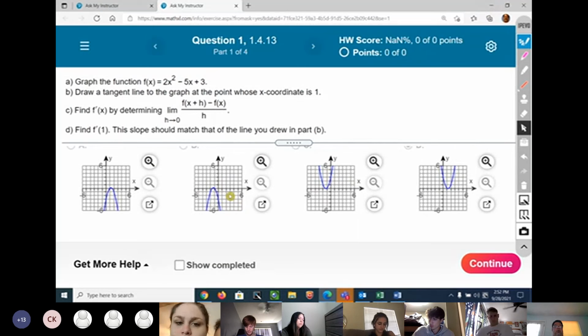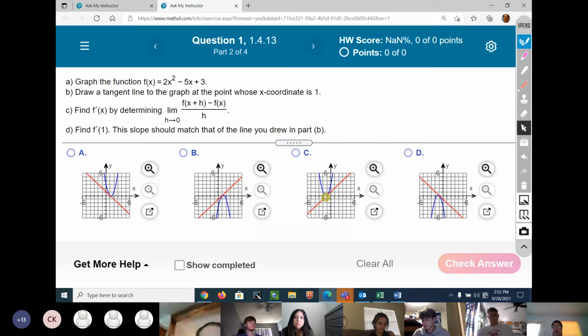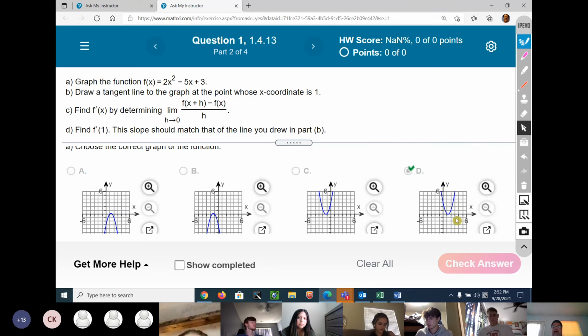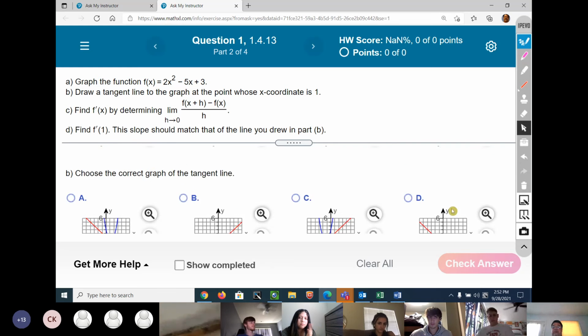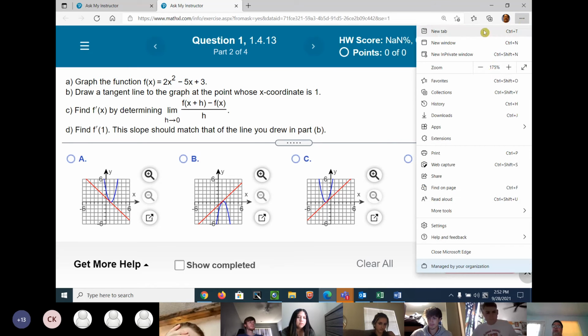I'm trying to get it to go up, but it won't go up. Oh, continue. And let's see, our slope is positive slope. So it's either B or C. Wait a minute, the slope, there's our line. They don't have one, let me go down, maybe it's hidden somewhere.